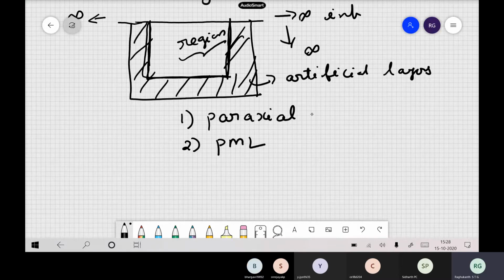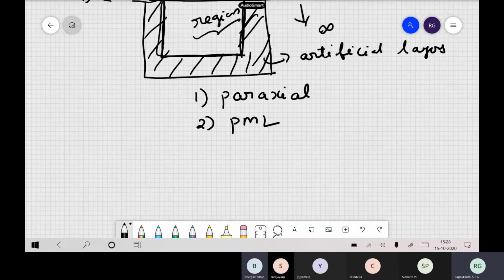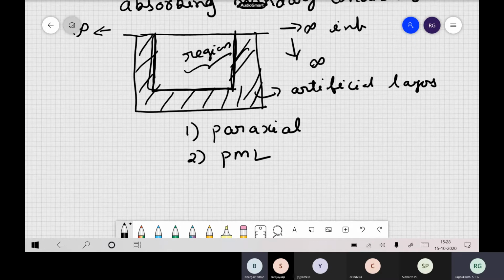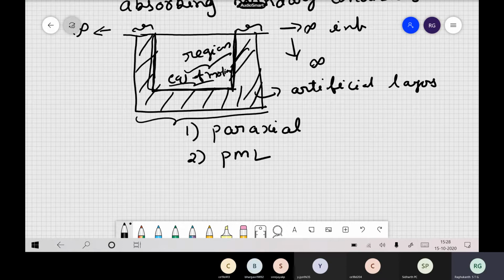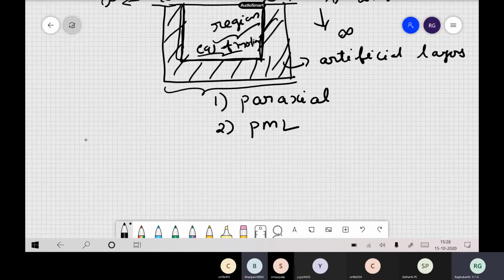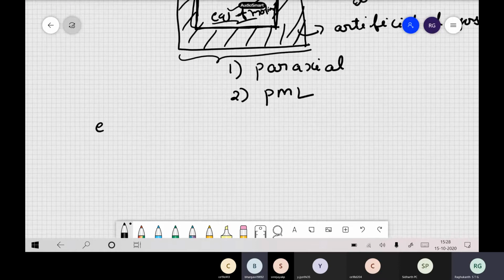In both methods, how are we solving? In this region you have the original equations of motion, whatever velocity stress formulation you have. In this layer, say the paraxial layer or PML layer, we have derived a new equation of motion.